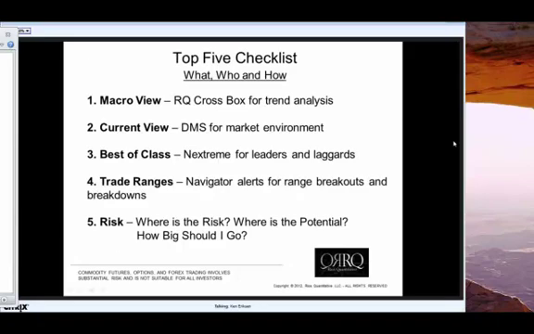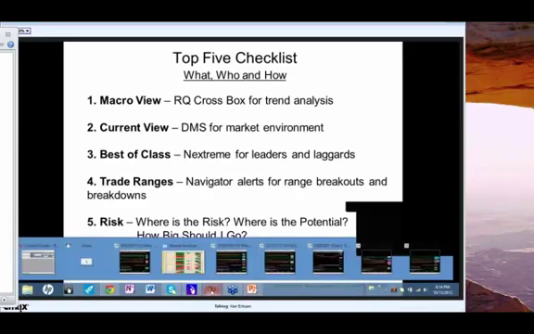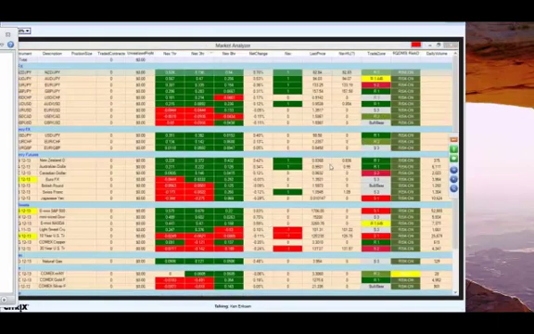I'm going to actually bring my RQTech up. One of the things that is interesting about all of us at RiosQuant is we each have our own style of building the RQTech. Now, when we talk about market sentiment, we're looking at the DMS. Everyone identifies what's happening over here in this column. We are in risk on, and Steve also shared that risk on has been in short bursts.